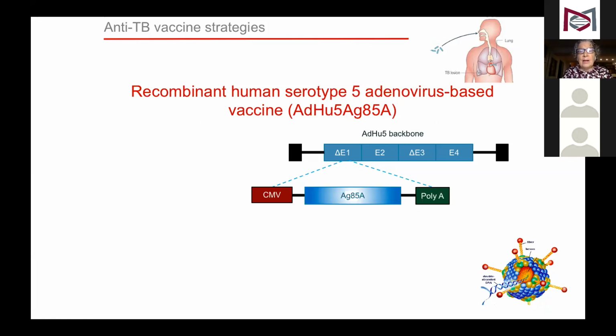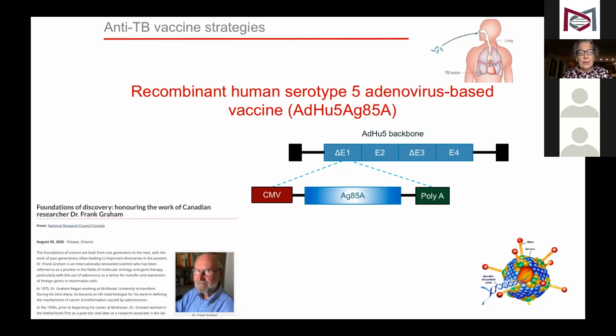You'll have heard quite a lot about AD5, because this is the backbone of some of the other vaccines for COVID that are currently being discussed, including the Russian one and the CanSino one.